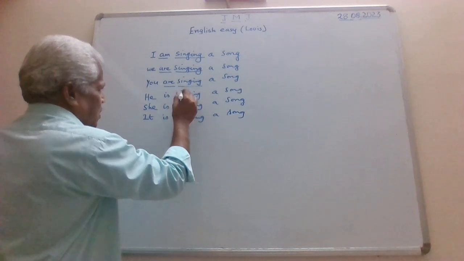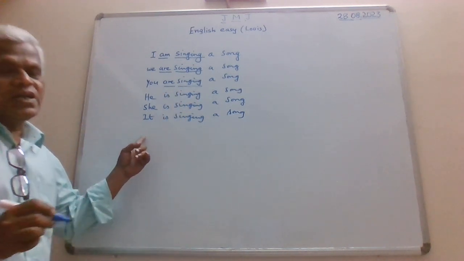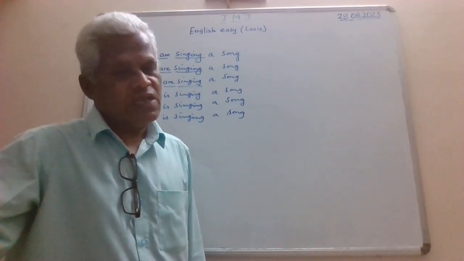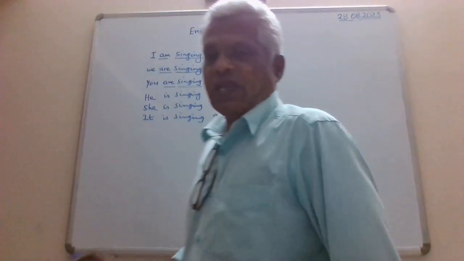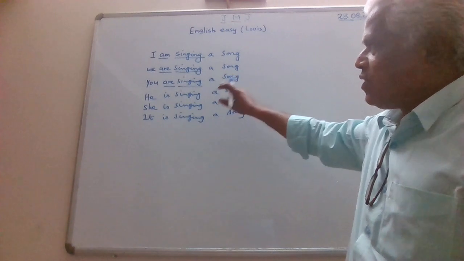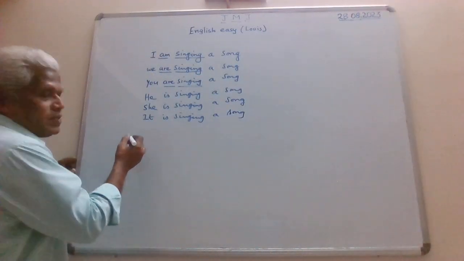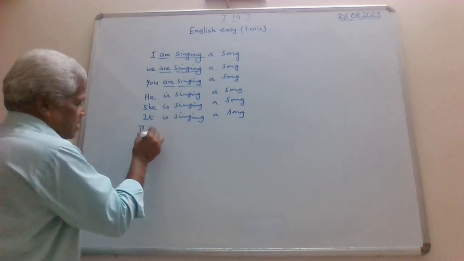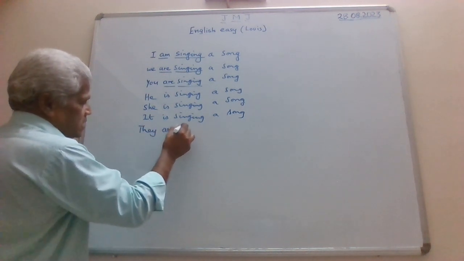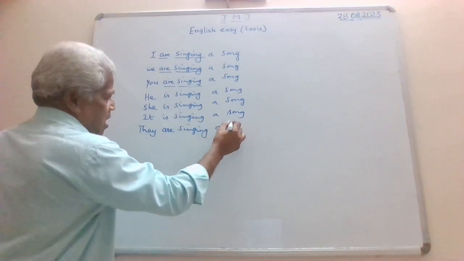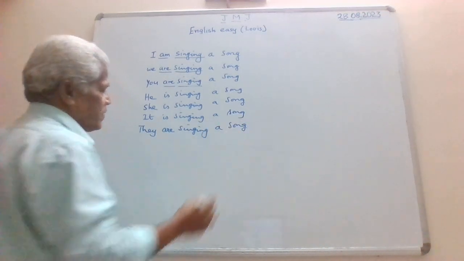It is singing a song. Now remember, it can be referred to birds and animals. Birds can certainly sing. Okay, now listen and watch carefully. Then we'll go to the third person plural. They. They are singing. They are singing a song.